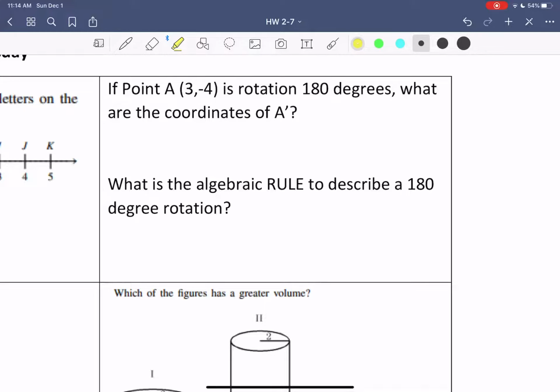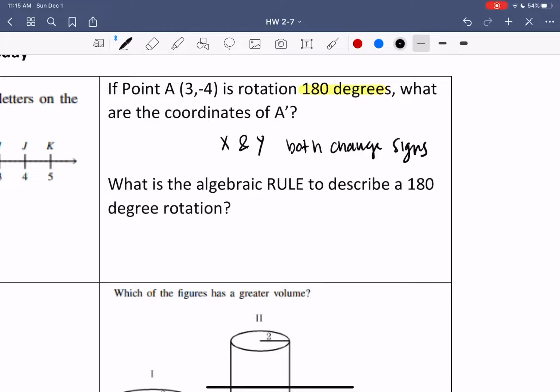You could plot this point on a graph, but since this one is 180 degrees, I've talked to my class a little bit about when somebody makes a 180 degree turnaround, everything changes, meaning that our x and y are both going to change. Both change signs.